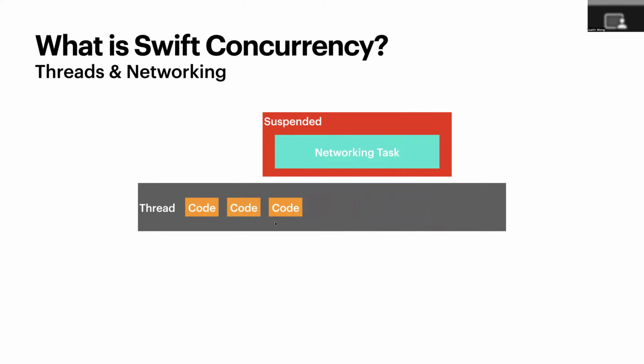And for example, there's a really special thread called the main thread. The main thread is designated by Apple, and it's a thread that all UI stuff should be on. So all the UI code, SwiftUI, whatever, that's all done on the main thread. If you have networking things on the main thread, it's going to block UI code from actually running.